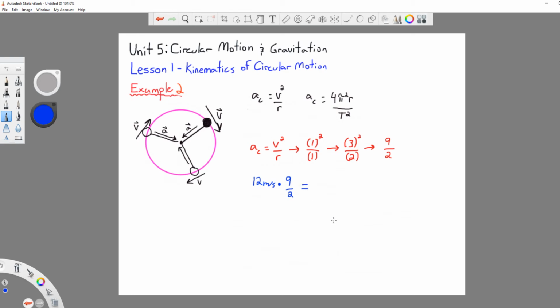And our new AC is going to be 12 times 9 over 2, which is 54 meters per second. That's really all there is to it. It's not an incredibly intuitive method at first, but practice this a couple times. I think even watching this video a couple times, hopefully it works itself out for you. If not, come ask questions. That's all.